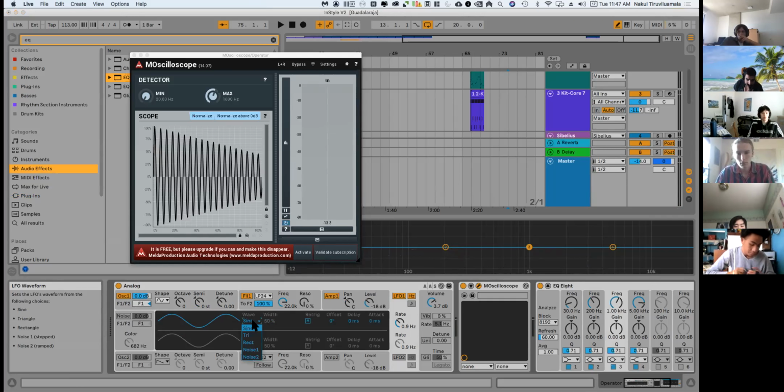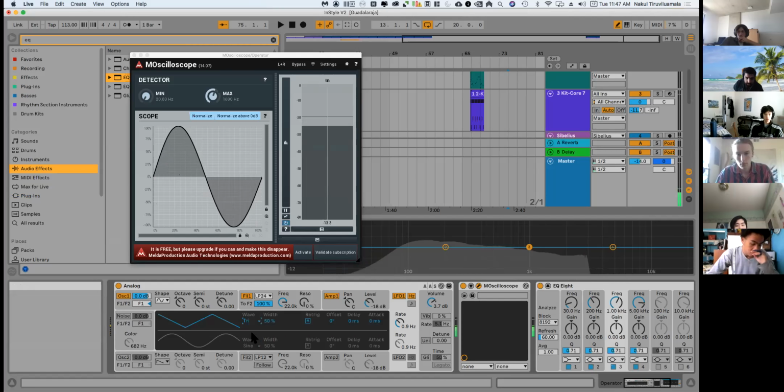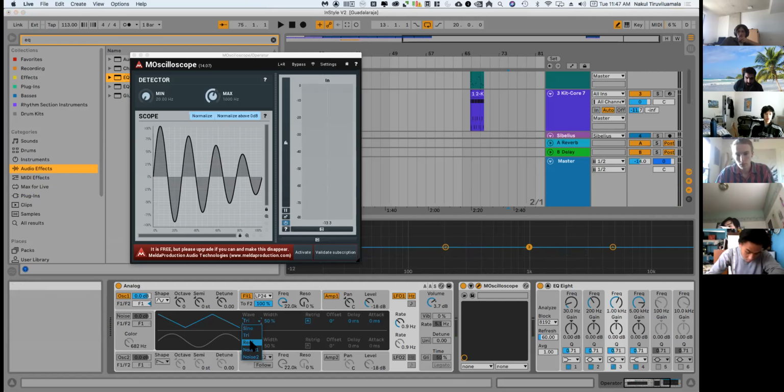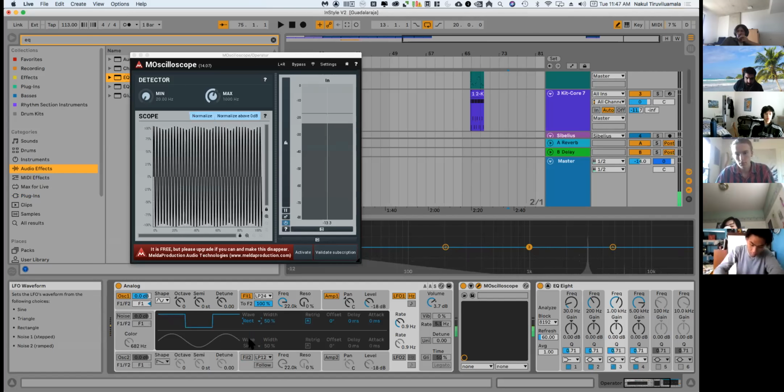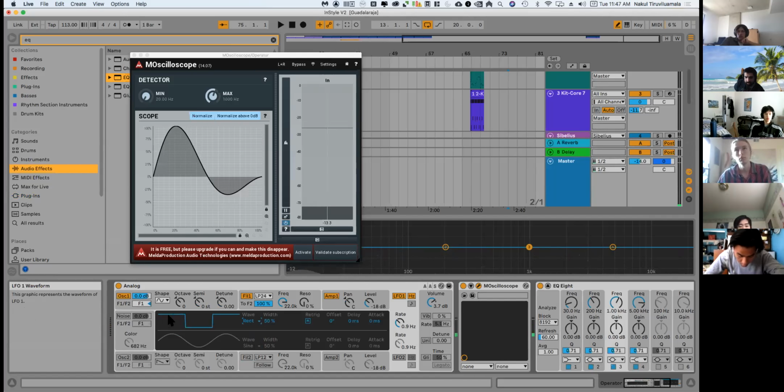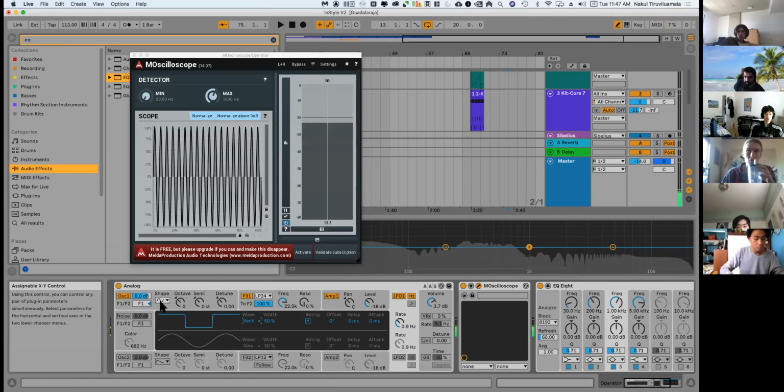Instead of modulating it using a sine shape, you can modulate it using a triangle shape. Slightly different sound, or a rectangle shape. And what this shape is showing is like on, off, on, off, on, off, on, off.